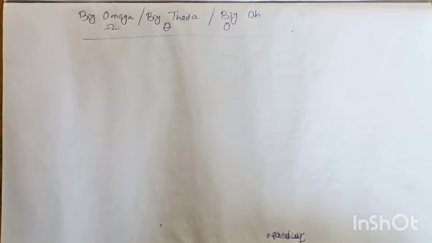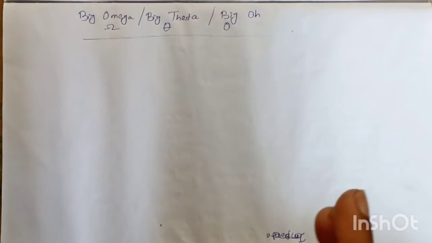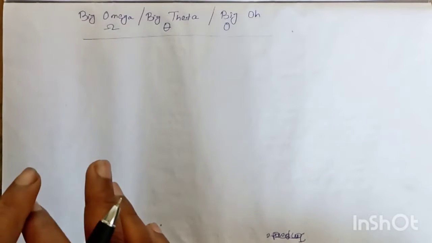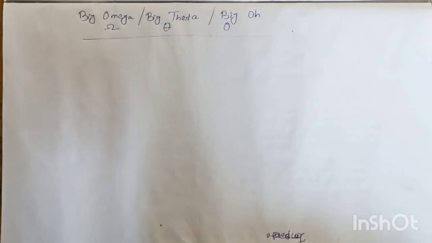In this video, we'll learn about different annotations which are used for measurement of time or space complexity.